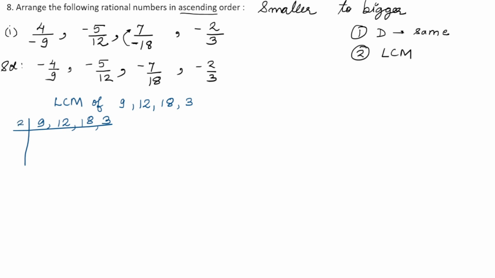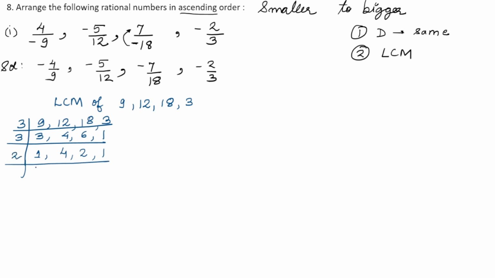So all the numbers are divisible by 3. So we can divide the numbers by 3. So 3 times, 4 times, 6 times, 1 time. Again with 3 we can divide. It is 1, 4, 2, 1.